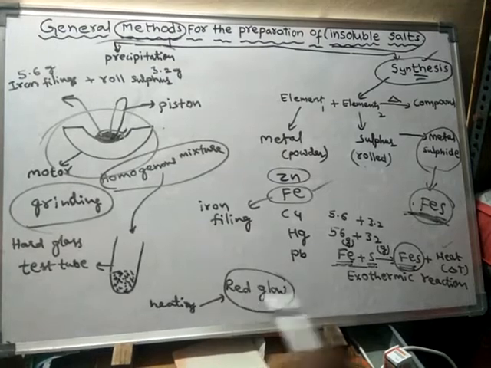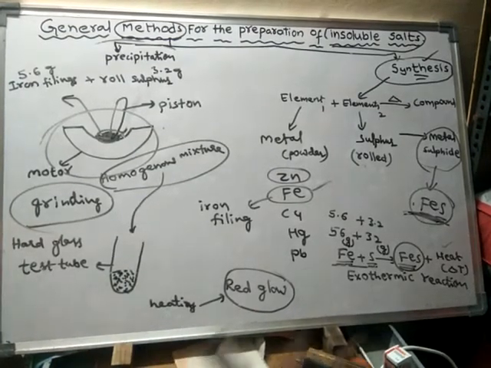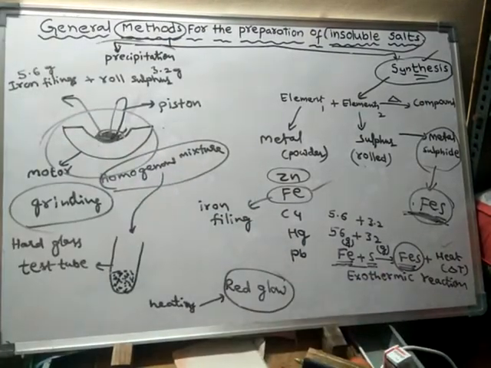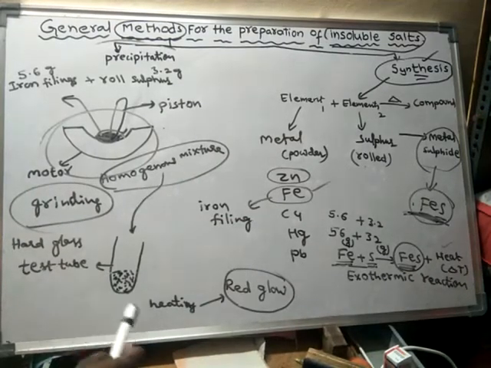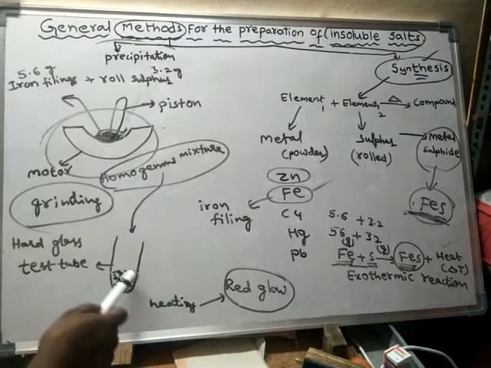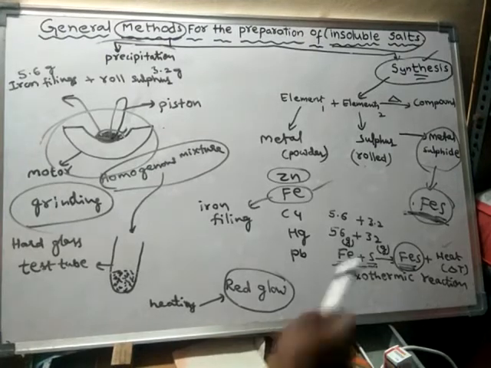The heat liberated helps the remaining iron and sulfur in the mixture to react, and finally all the iron and sulfur are converted into iron sulfide.